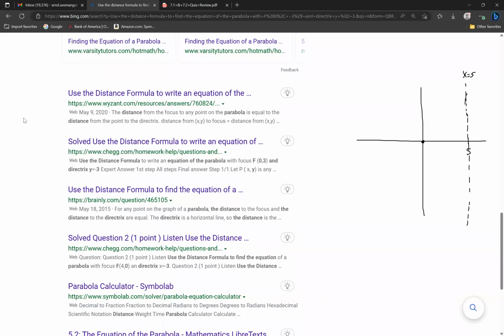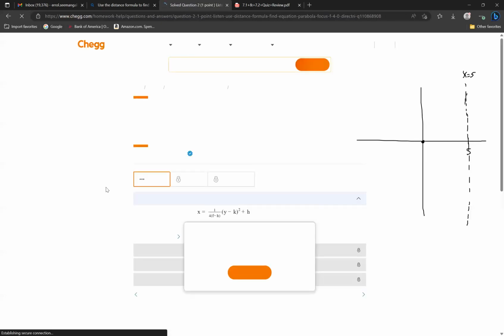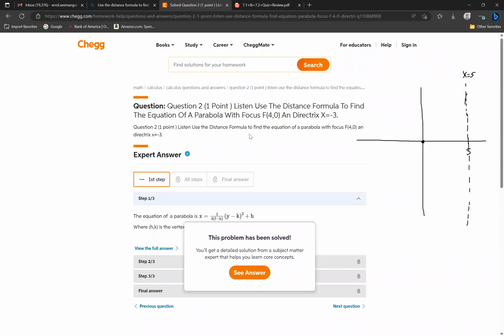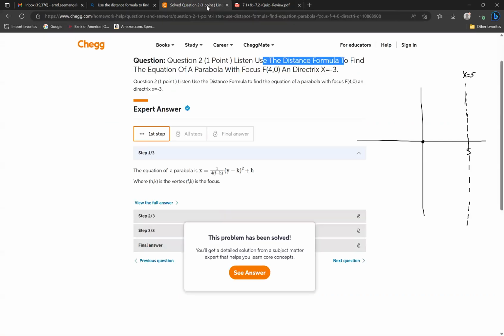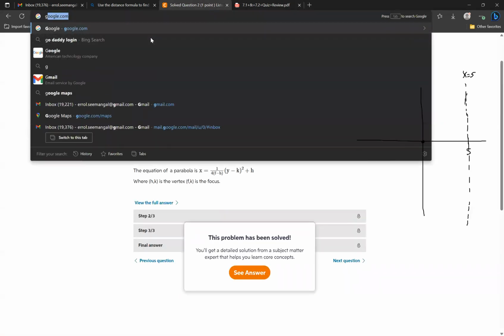Well, back then I guess he did, but we don't have a teacher right now. So what we're trying to do is find the equation of a parabola given the vertex and directrix. Let's search a question like that.